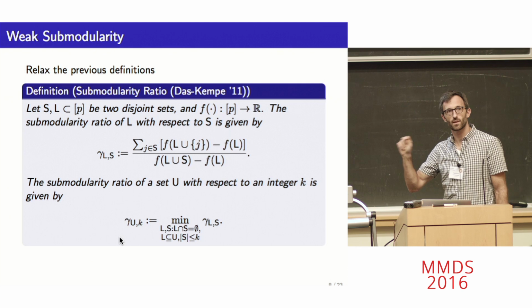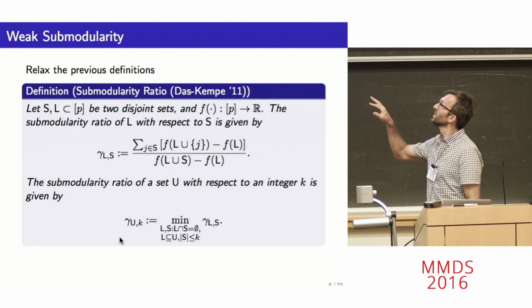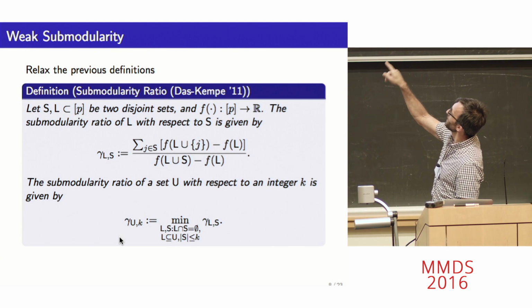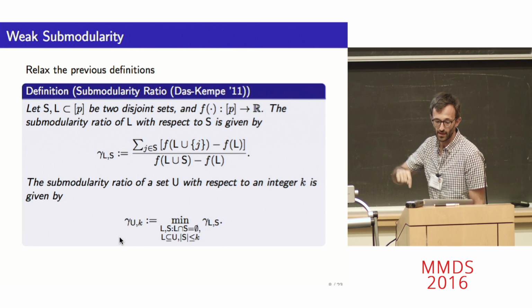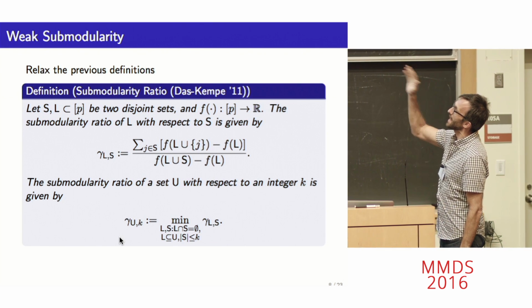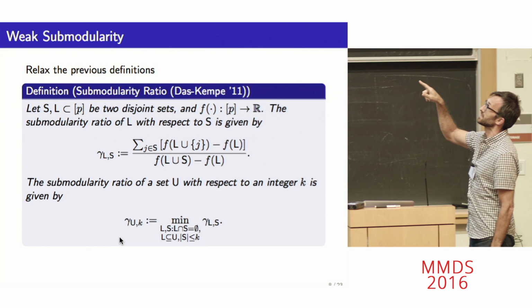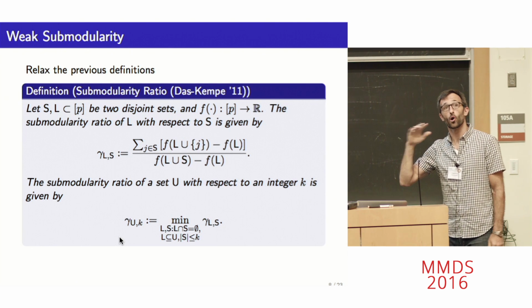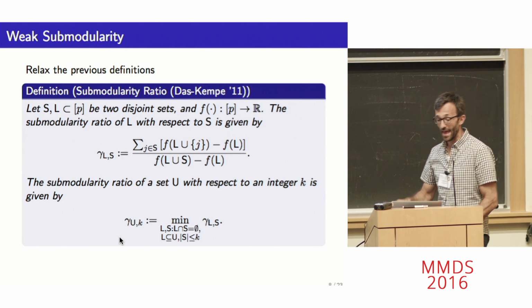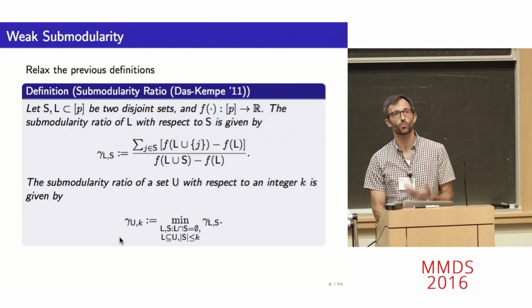So you can check that submodularity is equivalent to asking that gamma LS be greater than or equal to 1 for all values of L and S. Okay, so this is what we're going to relax.